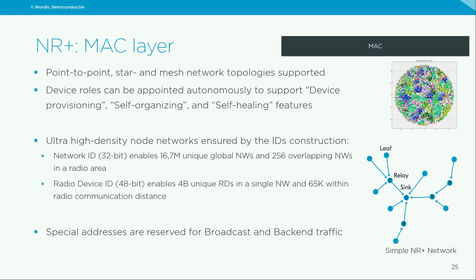And the nice thing with NR Plus technology is that all these different properties can be interchangeable depending on the network's needs. So let's say you have a moving device and you see that it loses connection, or the sync node doesn't send all the data because it has such a massive amount of data coming in. Another node can suddenly become a sync node, for example.